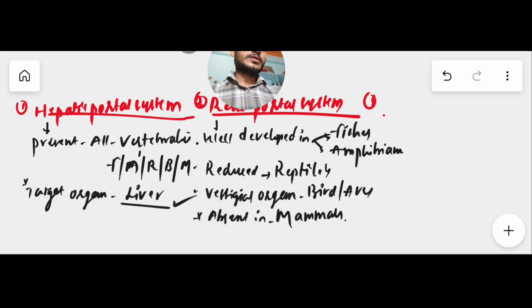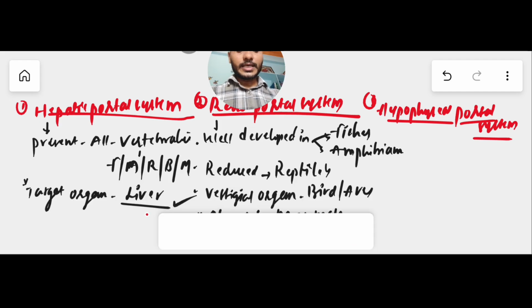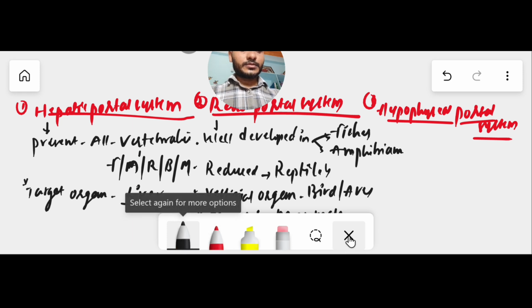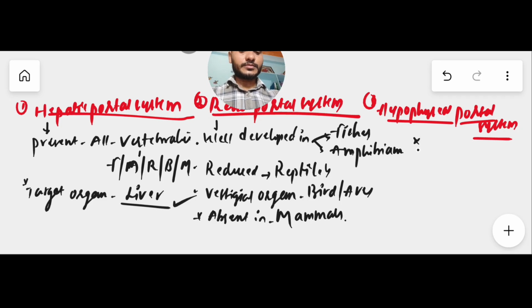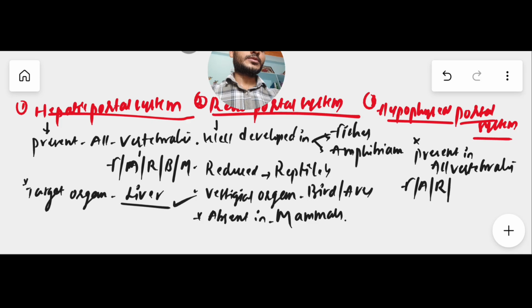Third one, hypophyseal portal system. So this hypophyseal portal system is like hepatic portal system, because it is present in all vertebrates, like fish, amphibians, reptiles, birds and mammals.